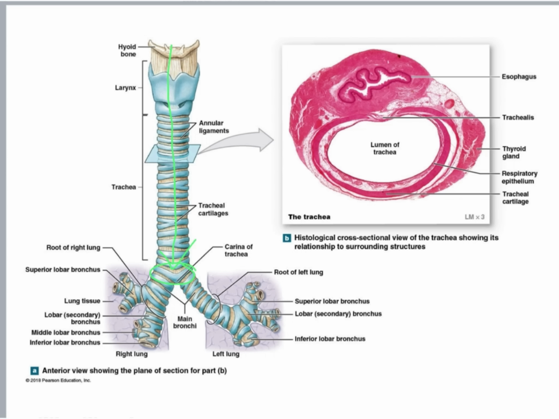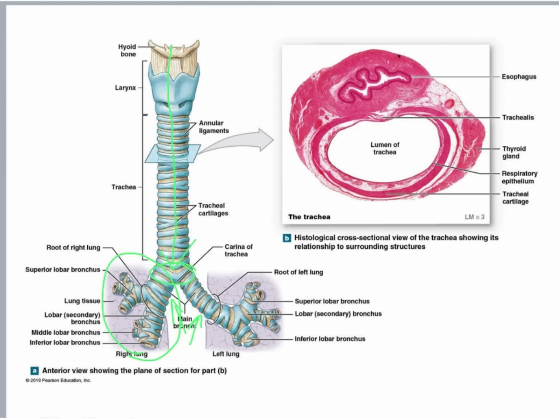Now, when our trachea is split, we have the right and left main bronchi. And if we compare these two main bronchi, we can see that the right main bronchus is much wider and also kind of steeper than our left main bronchus. So if you think that we have 3 lobes in the right lung and just 2 lobes in the left lung, it makes sense that our right main bronchus is wider than our left main bronchus.